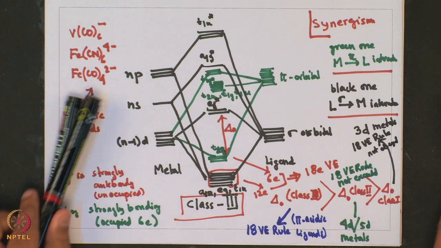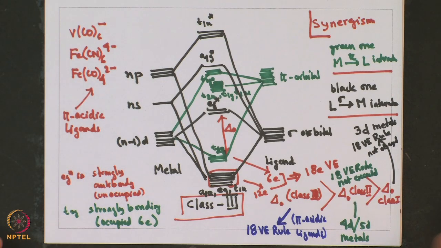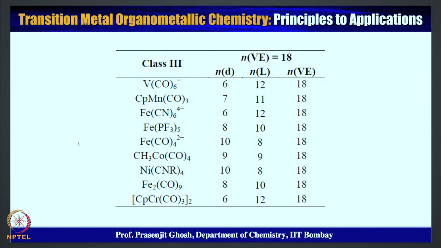So, in this way I converge upon the comparison of various classes of organometallic compounds and the underlying molecular orbital diagram responsible for it.